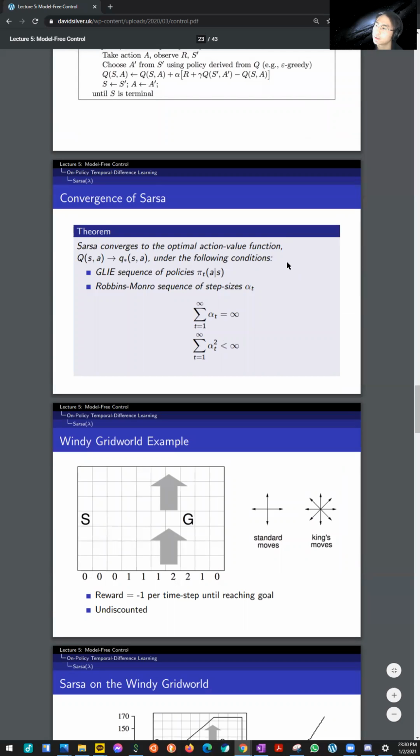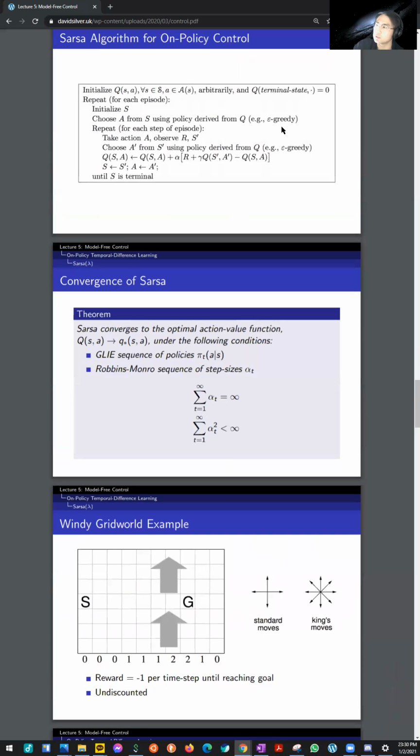Okay. So even this SARSA can converge to the optimal policy. And for that, again, there needs to be two conditions, because it's using epsilon greedy again.